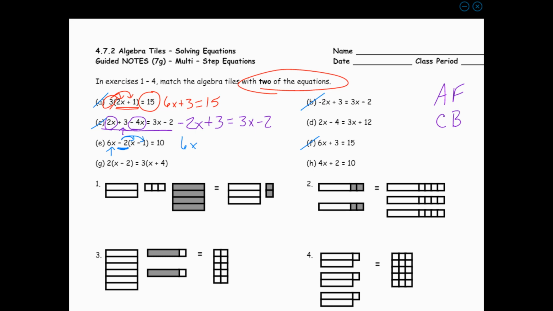So what is negative 2 times x? Negative 2x. And negative 2 times negative 1? Two negatives make a positive 2. Is that simplified all the way yet? No, we've still got those x's on the same side. So 6x minus 2x is what? 4x. 4x plus 2. Which one does that match? H. So E and H.